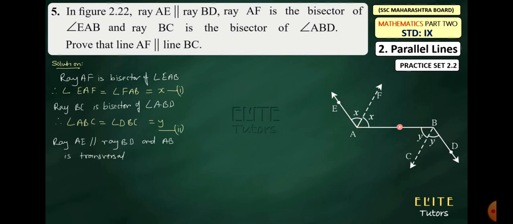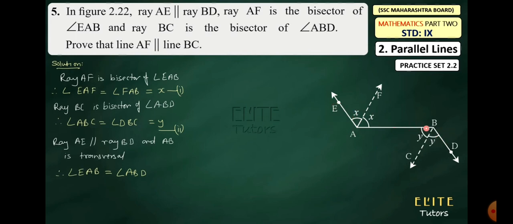So therefore EAB is equal to ABD by the alternate angle test, forming a Z shape, two parallel lines and one transversal. This is alternate angle. So here EAB is equal to ABD by the alternate angle test.